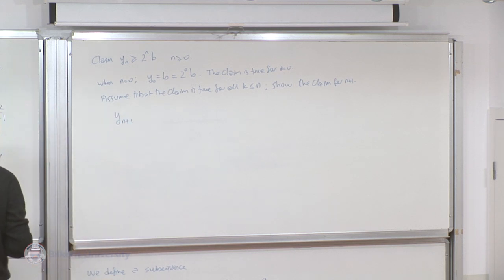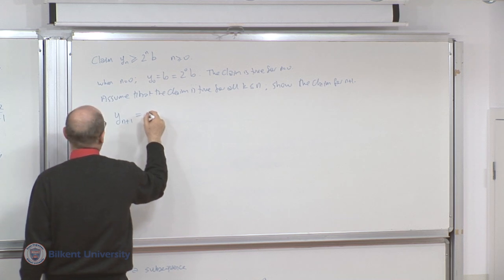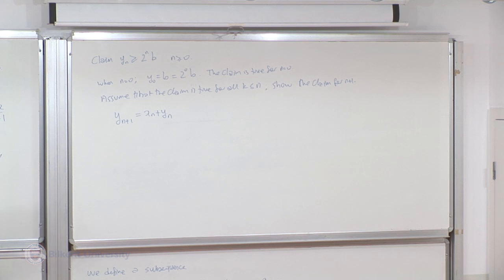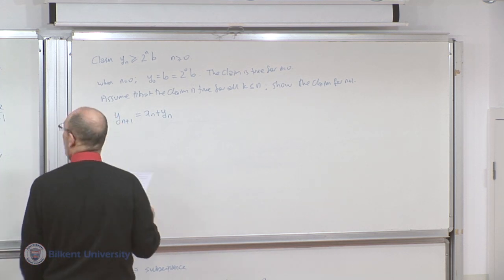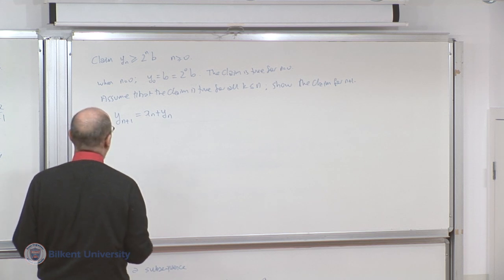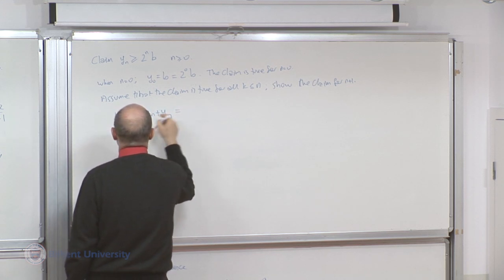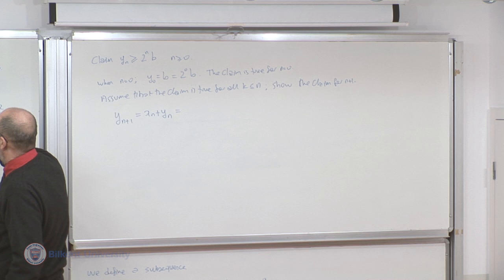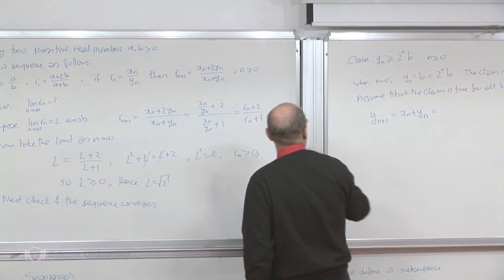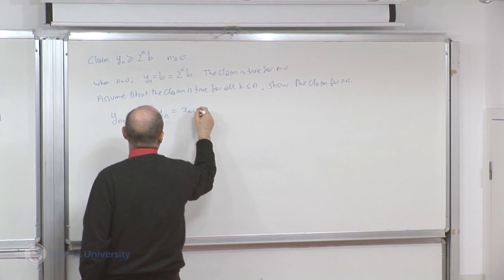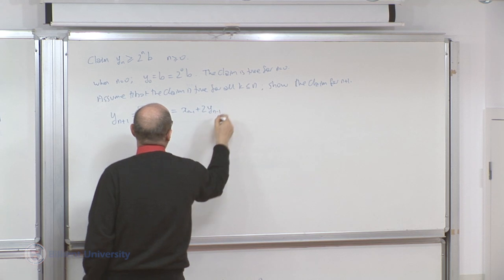The only thing I know about y_(n+1) is that it is equal to x_n plus y_n. So what do I do from here? I need to put one more thing. x_n here is, for the previous one, x_(n-1) plus 2y_(n-1).